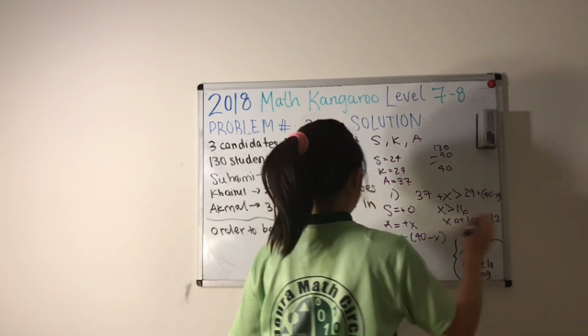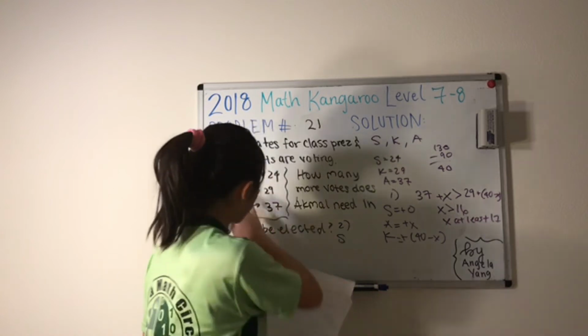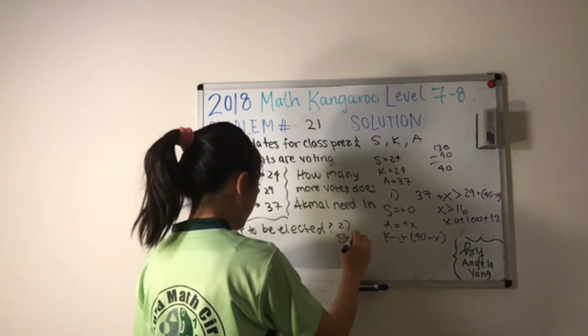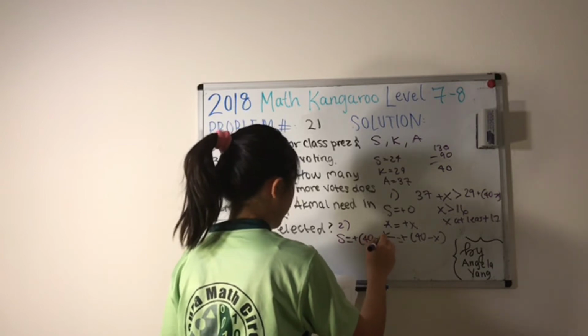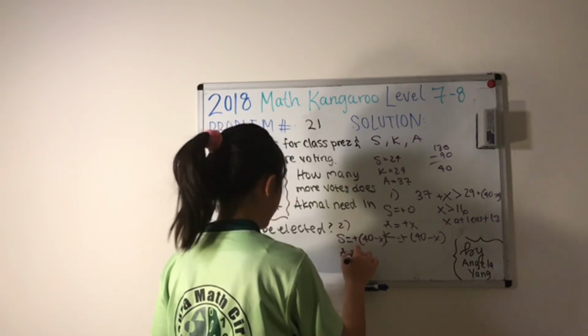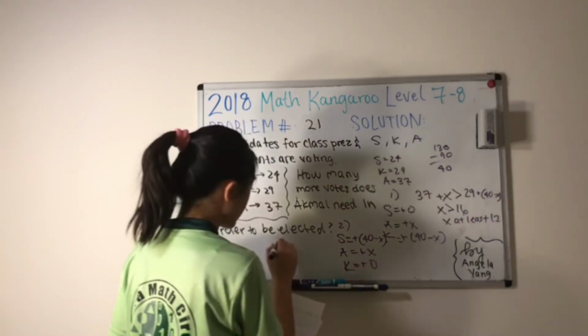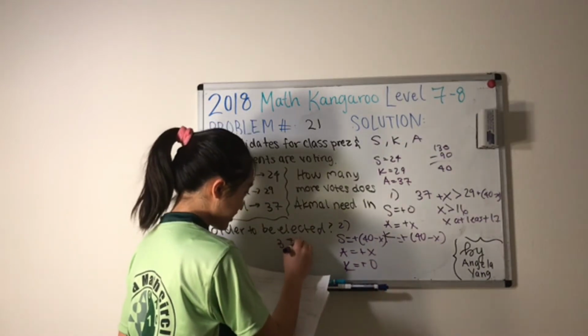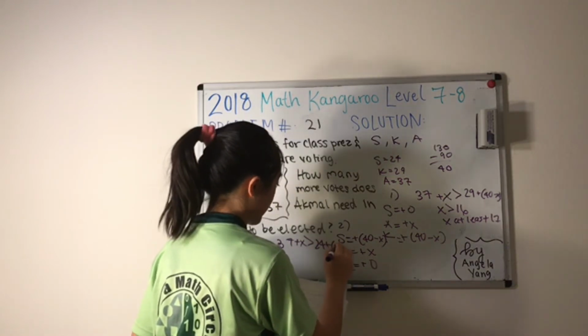Now we look at our second scenario, which is if Suhaimi got added 40 minus x, Akmal got added x, and Kangaroo got added 0. So in this case, the inequality will be 37 plus x is greater than 24 plus 40 minus x.